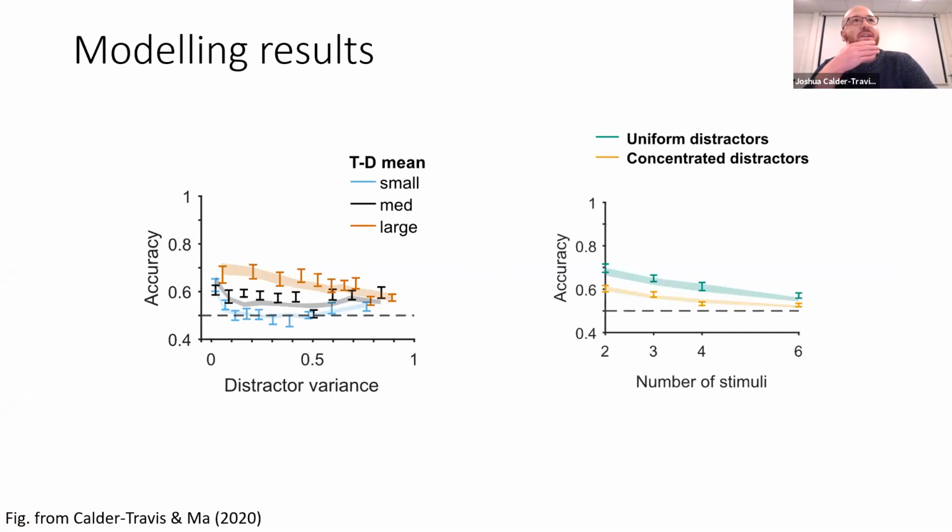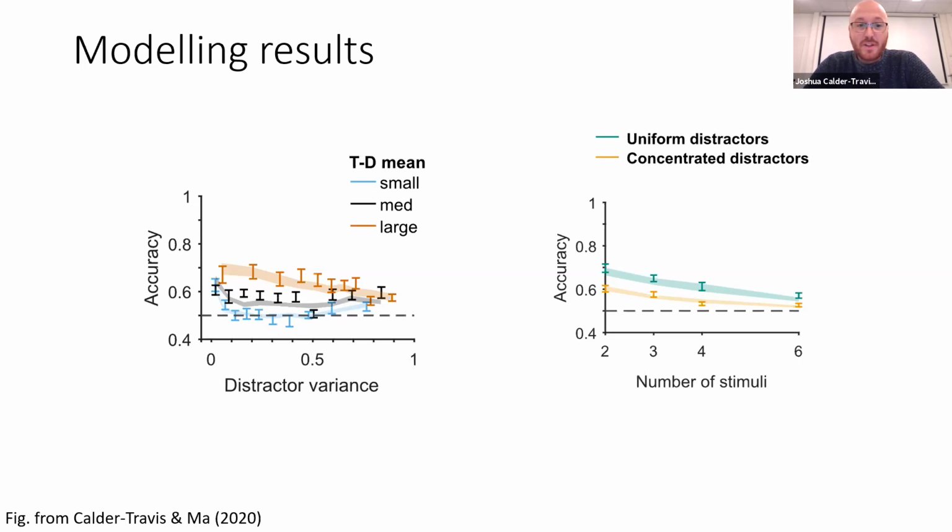So the finding is that distractor variance is most harmful at middle values. I'm not actually entirely sure off the top of my head. I'd have to have a think about it.